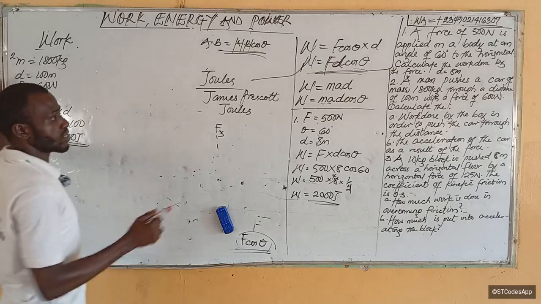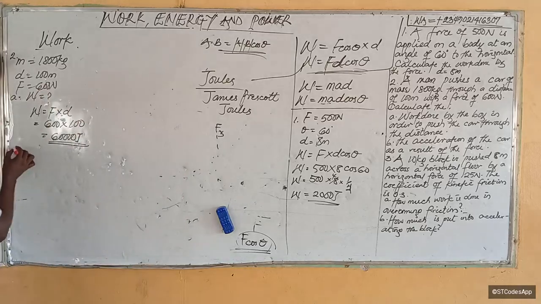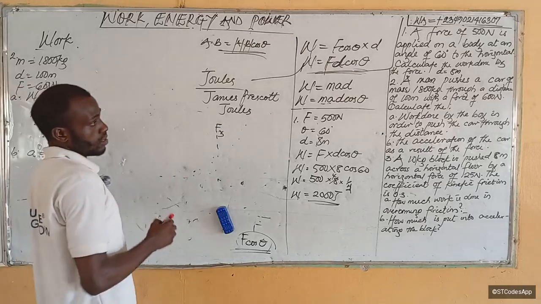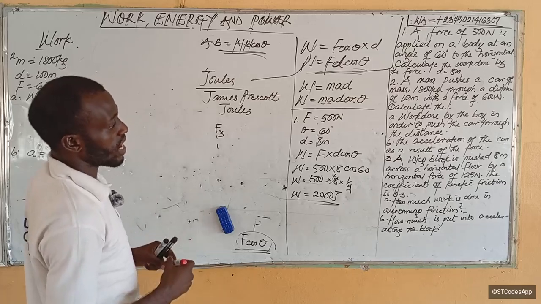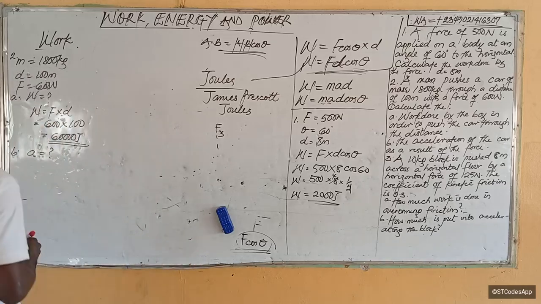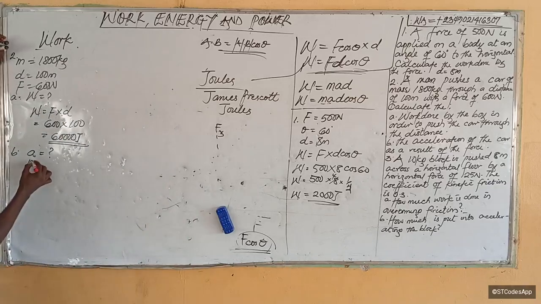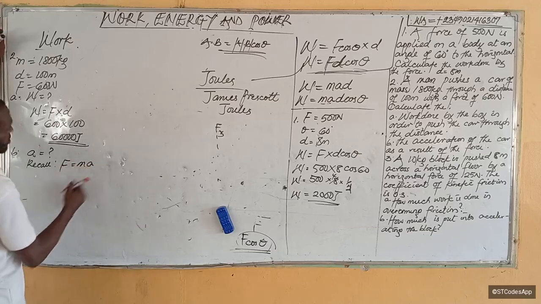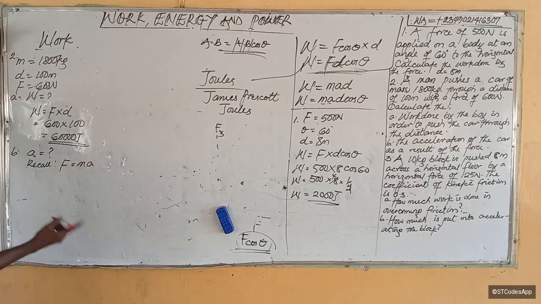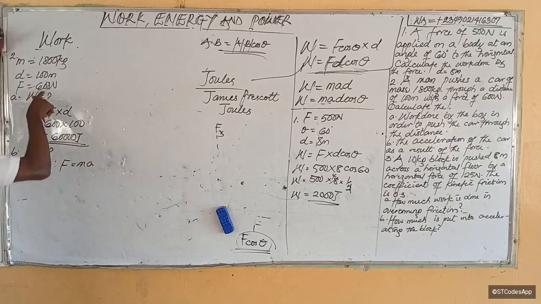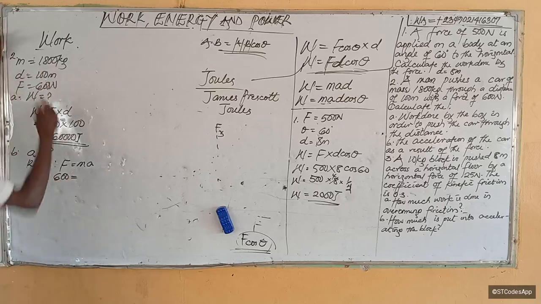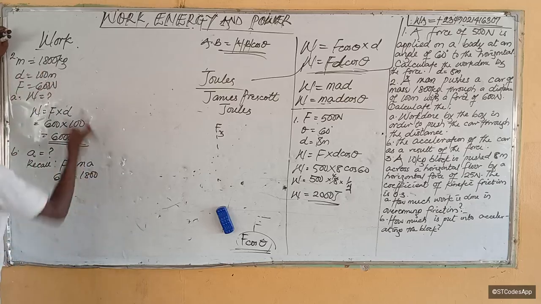Then he says we should calculate the acceleration of the car as a result of the force. That's very simple. You recall that force is equal to mass times acceleration. The force the guy applied is 600 Newton, so 600 Newton is equal to mass 1,800 times the acceleration.